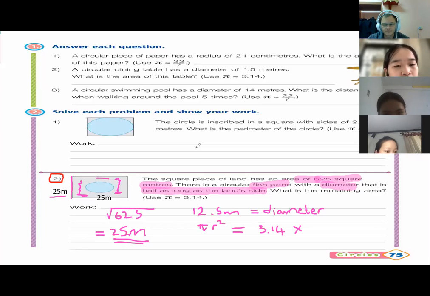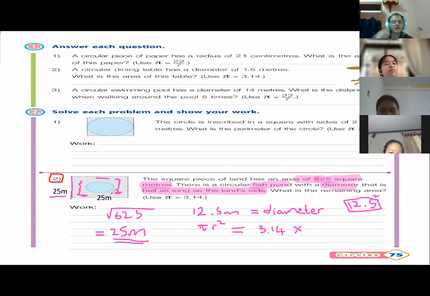So the radius is 12.5 square. 12.5. Is that the radius? Yes. Okay. Are you sure? Let's have a look. The radius is half the length of the diameter, and the diameter we say is 12.5.